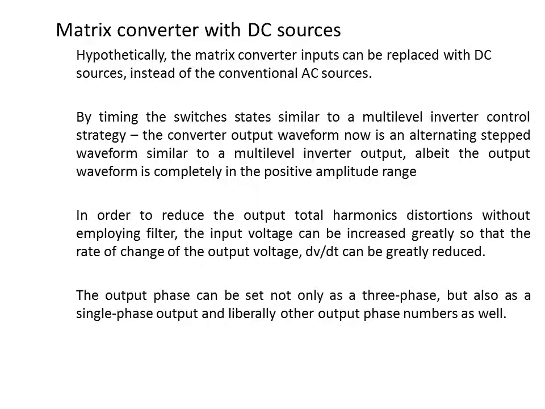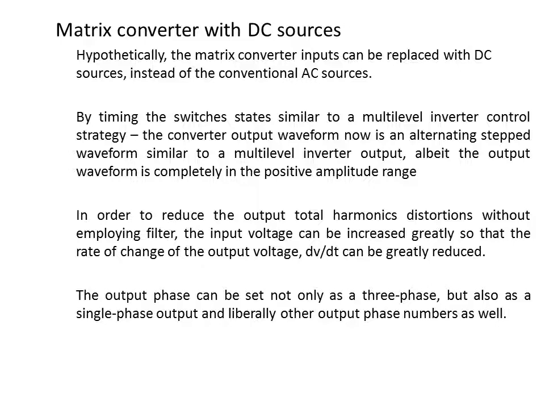Hypothetically, as we have seen in the previous slide, the matrix converter inputs can be replaced with DC sources instead of the conventional AC sources. By timing the switch states similar to a multi-level inverter control strategy, the converter output waveform is now an alternating step waveform similar to a multi-level inverter output, albeit the output waveform is completely in the positive amplitude range.